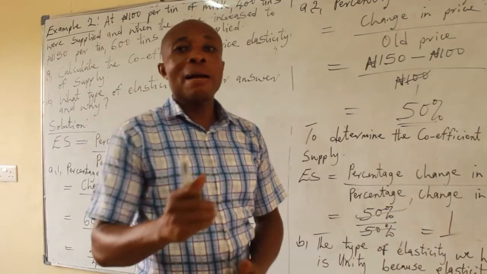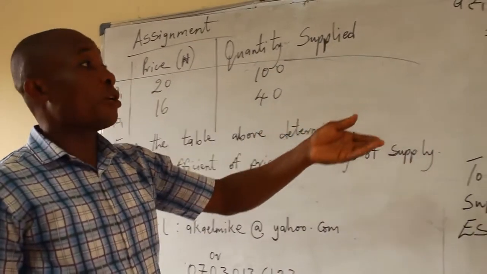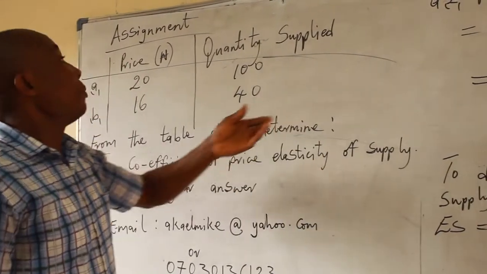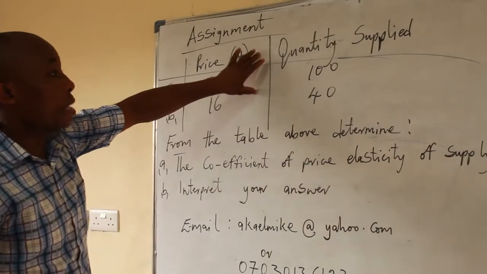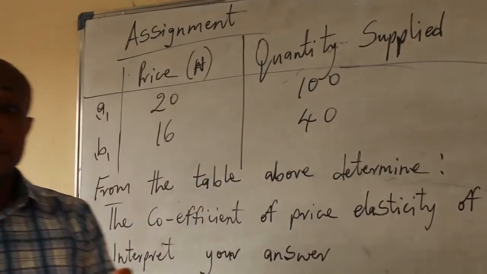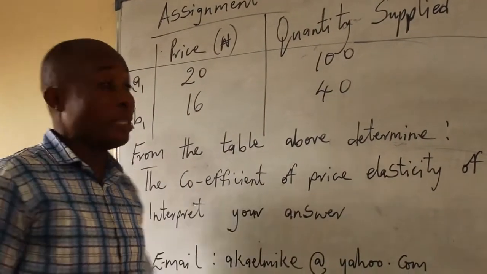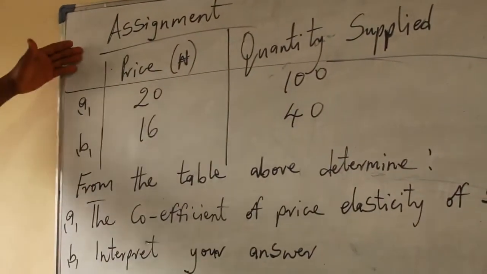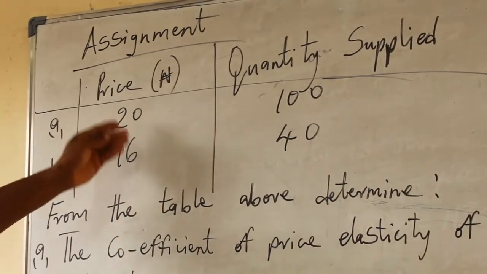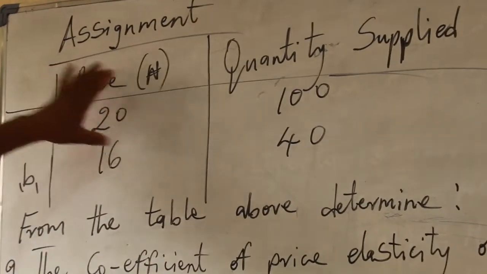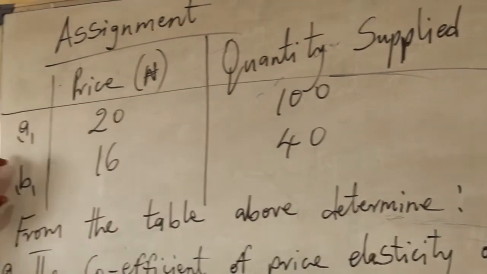Okay, I believe from the 2 examples I solved on the board, you will be able to attempt this little assignment I have here on the board for you. Even my parents, you can also try to attempt it. I believe the class is really lovely and interesting. The assignment is: A, we have 20 as price and 100 as quantity supplied.